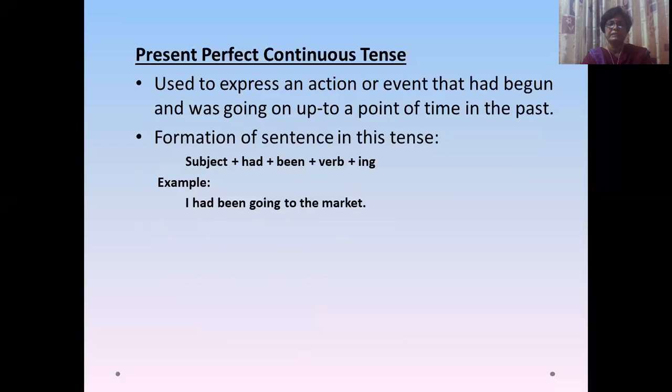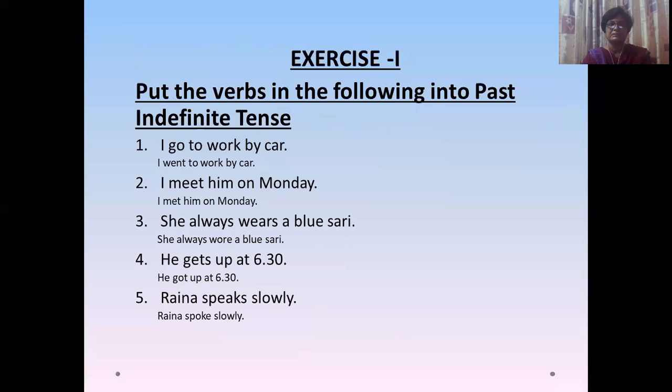The formation of this sentence in this tense will be subject plus had plus been plus verb plus ing. Wherever there is a continuous tense, we'll add ing to the verb. Now, the example of this tense is I had been going to the market. So these are the four forms of past tense. I hope you have understood the four types of past tense.